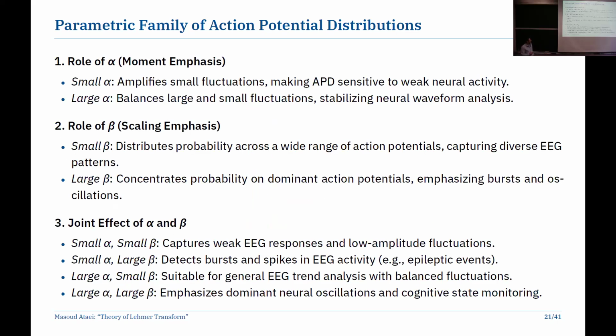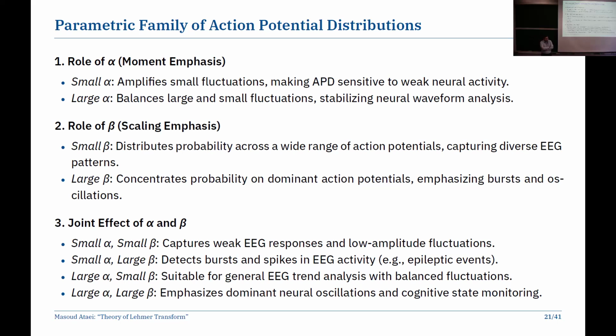Thank you. Sure. So let me just briefly investigate the joint effect of alpha and beta. For small alpha and small beta, the distribution captures weak EEG responses and low amplitude fluctuations. For small alpha and large beta, it detects bursts and spikes in EEG activity, such as epileptic events.